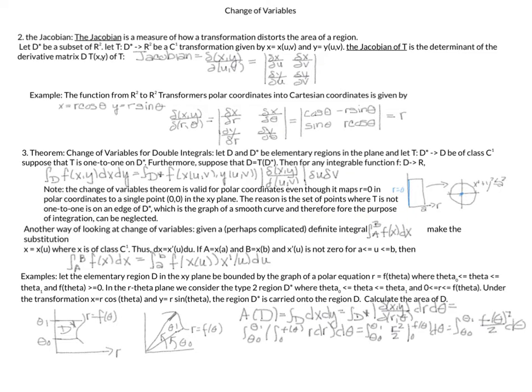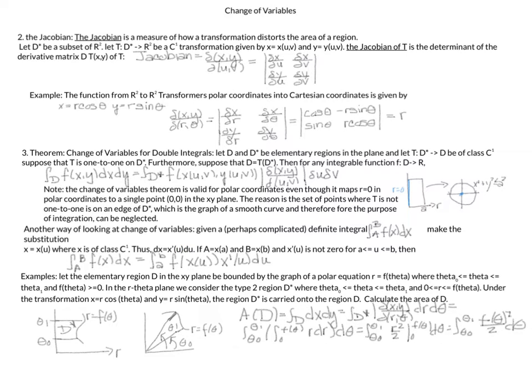A second note is another way of looking at the change of variables and the Jacobian. Given a perhaps more complicated definite integral, we can make the substitution x is equal to x of u, where x is of class C1, then dx is equal to x prime of u du.